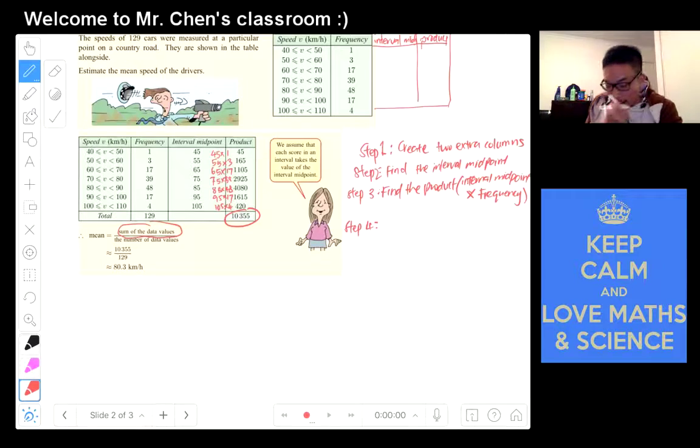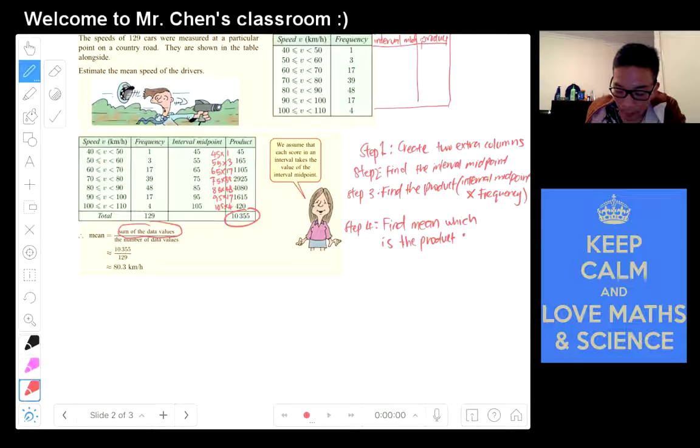And step 4, once you got that, what you need to do is find mean, which is the product divided by the number of sample size.